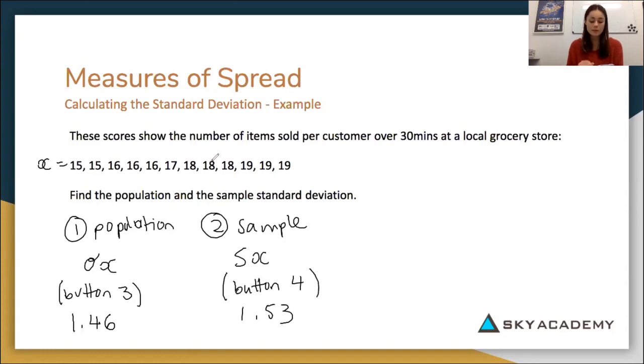Once you've found everything that you want to find, you then have to press Shift 9, and it will come up with clear, and you press 2, which is for the memory. Then you press yes, which is equals, and then you press AC. That will get you out of stat mode, and you'll have to press mode setup 1 for comp mode. Now anything you do on the calculator will be back to normal.